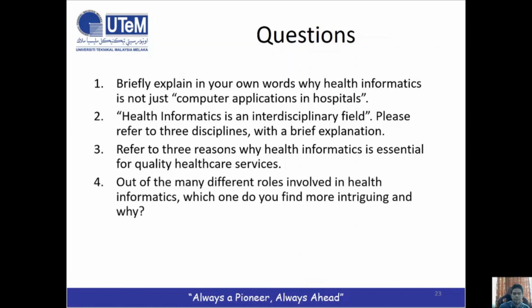Lastly, out of the many different roles involved in health informatics, which one do you find most intriguing and why? Intriguing means most important, which one is a priority?